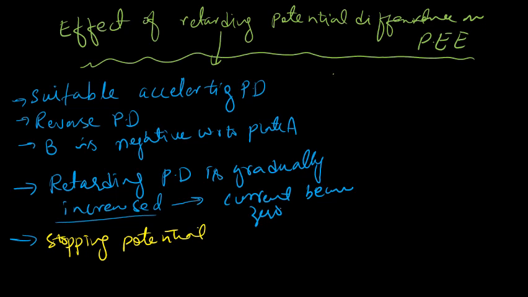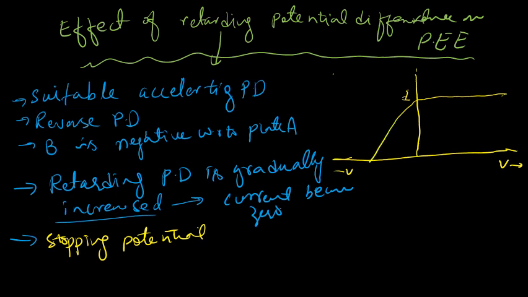When we plot the retarding potential difference and the photocurrent in the circuit, the plot is like this. This is the potential in the positive direction and this one is in the negative direction. This experiment was repeated with light of different known intensity, and it comes like this.